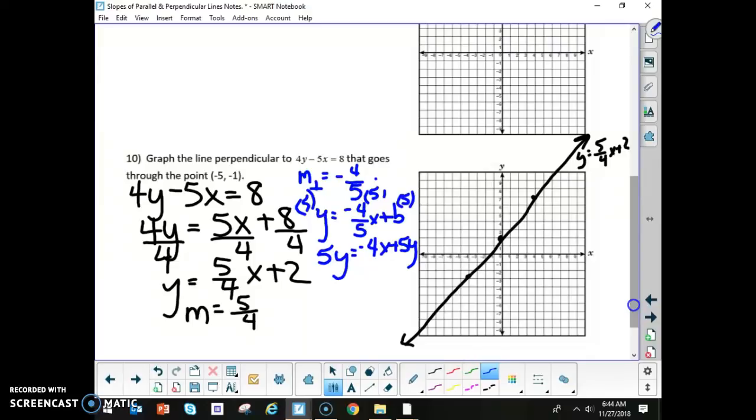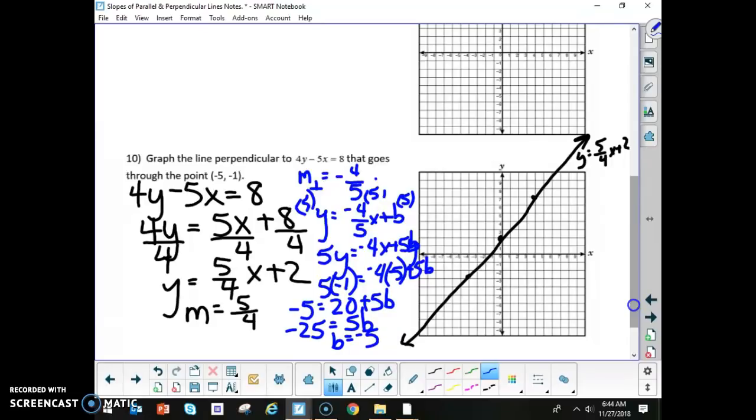Now I'm going to plug in the points. So I have 5 times negative 1 is equal to negative 4 times negative 5 plus 5b. So negative 5 is equal to 20 plus 5b. Negative 25 is equal to 5b. b is equal to negative 5.